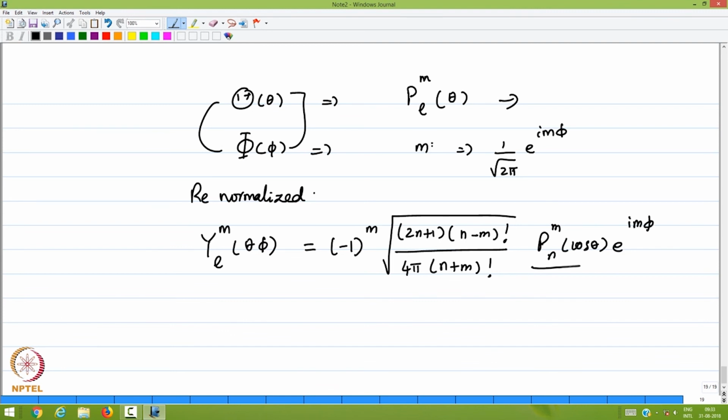So, here is the theta part, here is the phi part, and I have used n instead of L. Let me write this consistently using L. It is 2 L plus 1, and this will be L minus m, and this will also be L.